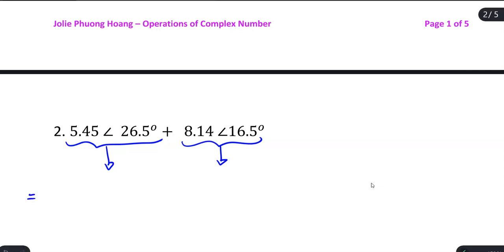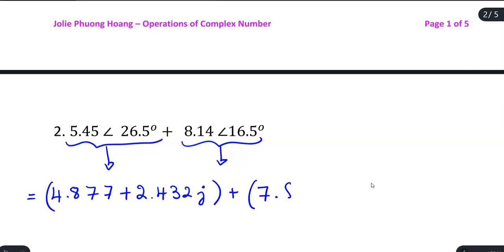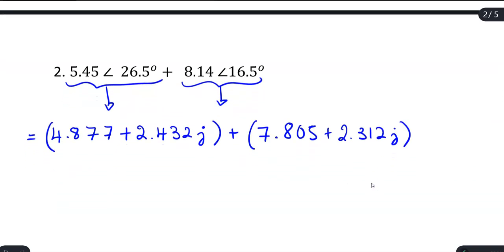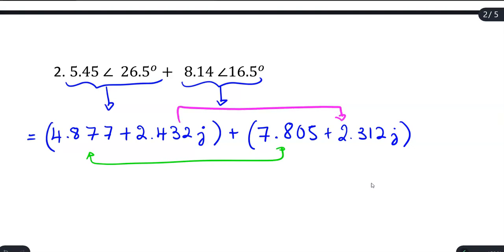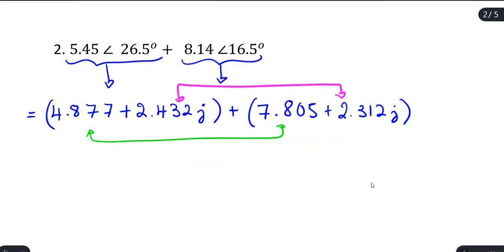So again, I use my calculator and then I have, rounded to 3 decimal places. Okay. And then again, the same concept, I will collect like terms. Since this is just a plus, I don't have to worry about this at all.